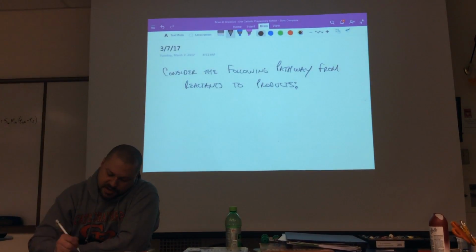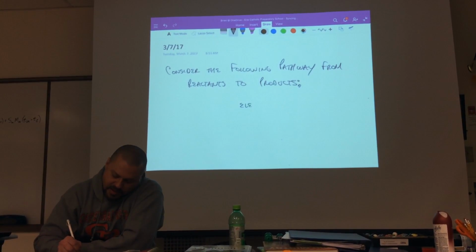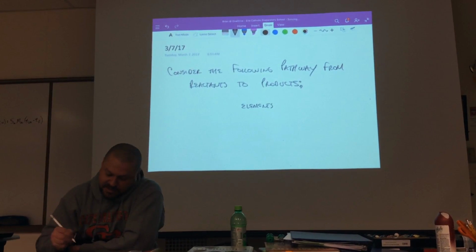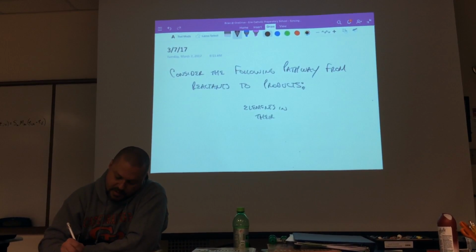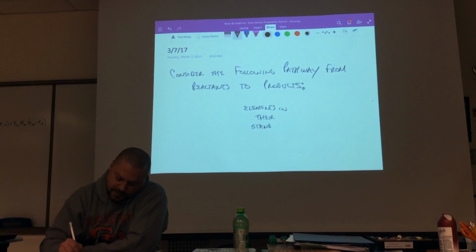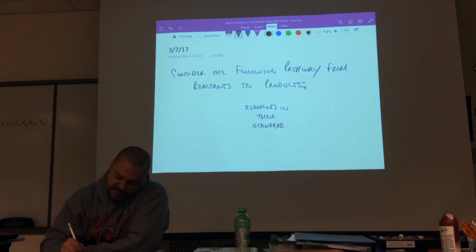Okay, we'll start out right here, elements in the center here, in their standard states.